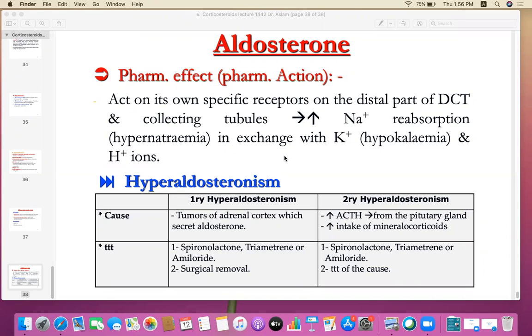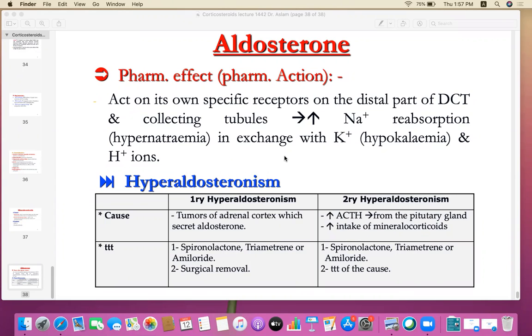I will repeat again. Maybe I missed something. What is hyperaldosteronism? The condition in which, due to excess secretion of aldosterone, there is an increase in blood pressure and hypokalemia, not hyper. I will correct it. Hypokalemia.